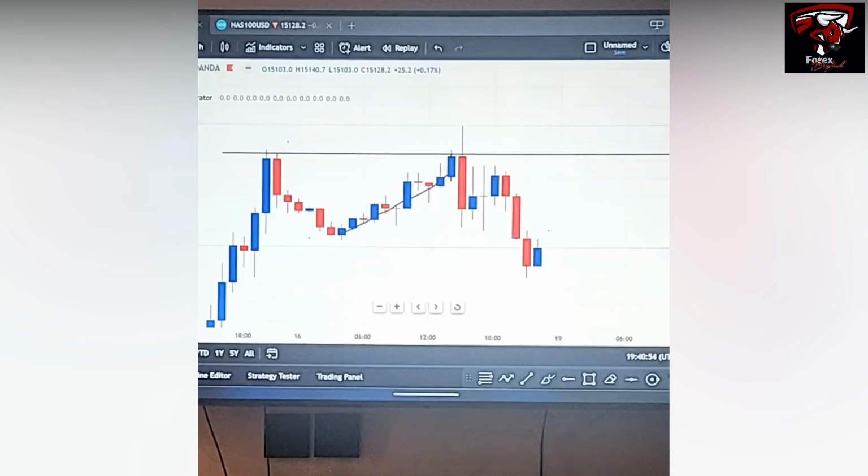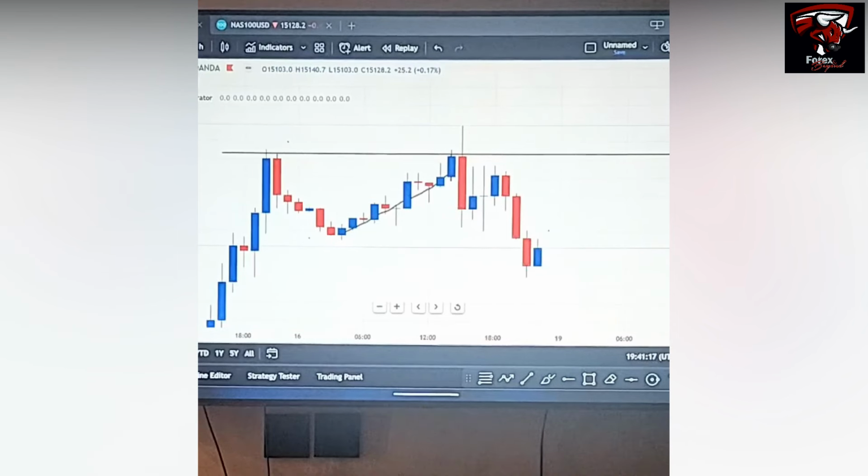They took out the early sellers, but you can see that they hadn't finished purging. Why would I say they're not going to go lower yet?